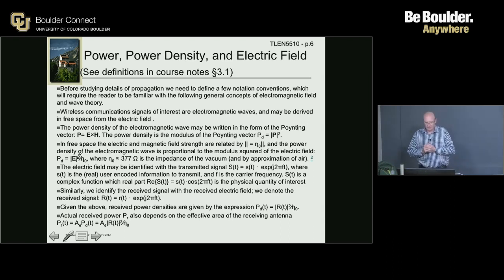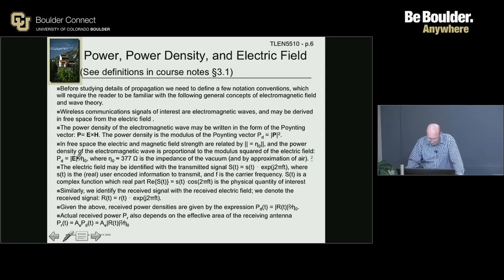Things are pretty simple because the magnetic field H, at least its modulus, is simply related to E. I'm not sure why the letters disappeared here.